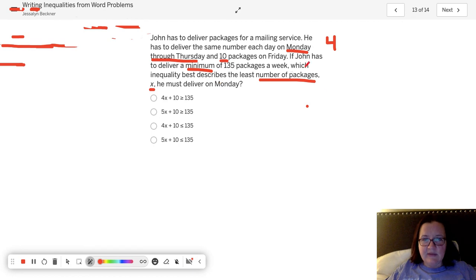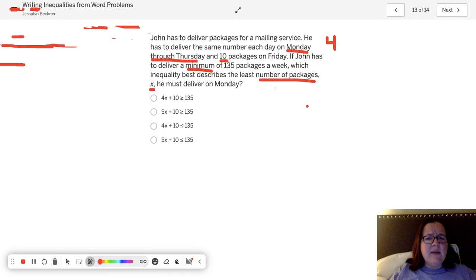All right, let's look at this. So it looks like we're going to start with Monday through Thursday. That's what we're seeking, our variable, right? Our number of packages for Monday. So we really want that 4x to start us off because we have 4 days a week that we're figuring out. We already know what Friday is. So we want that 4x. That gives us this one or this one, A or C. Okay. And 10 packages on Friday. Both of those have that flat 10 packages. Got it. All right.